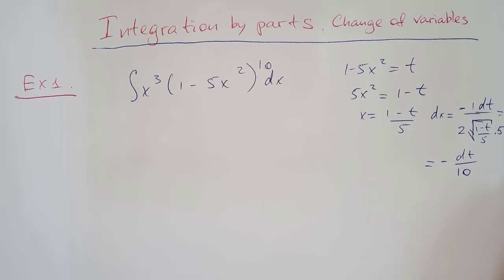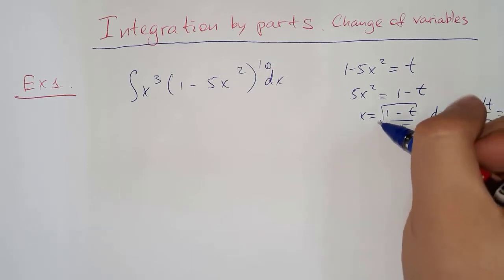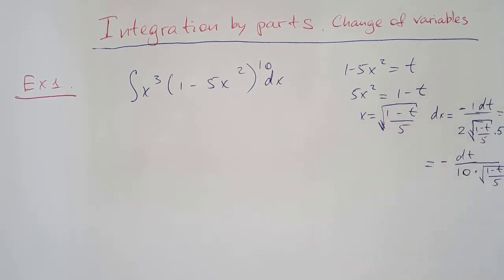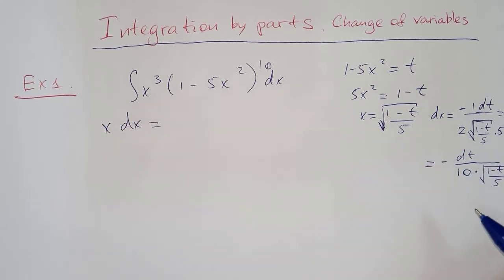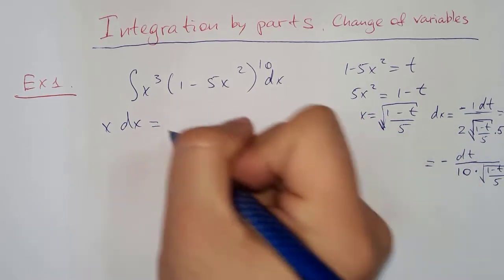I mean here not just dt over 10, times this one also, the square root of (1 minus t) over 5. I computed the square root, but here I didn't write it. Now if we find x times dx, this is equal to this one times this one.